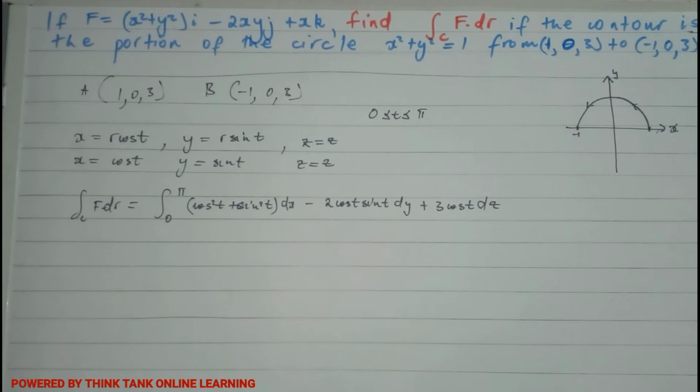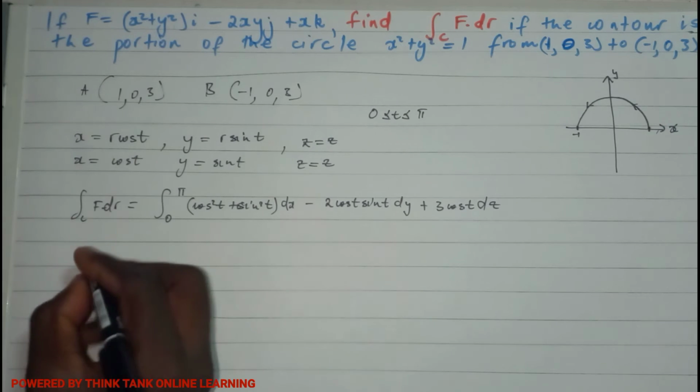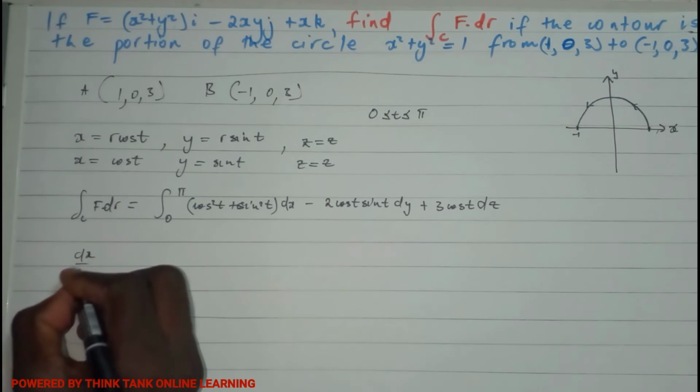So I'm going to have 3 cos t dz. But you don't need this, since our parameter is t and we have dx. So let's differentiate our parameter. If we differentiate x equals cos t, dx/dt is negative sine t, so dx equals negative sine t dt.